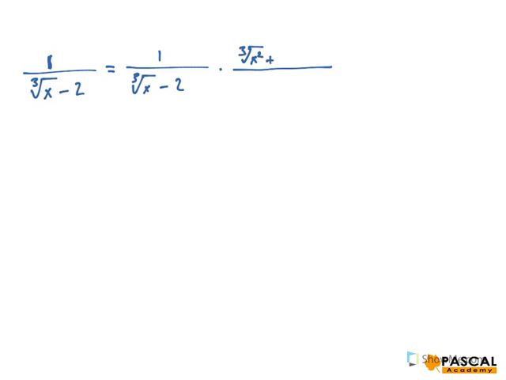Let's consider this fraction, 1 over cube root of x minus 2. In order to rationalize the denominator of this fraction, we multiply the numerator and denominator by cube root of x squared plus 2 cube root of x plus 4.